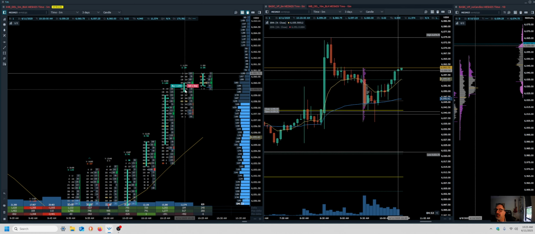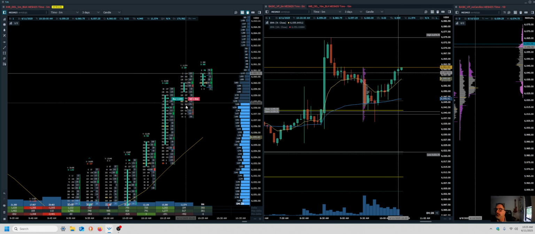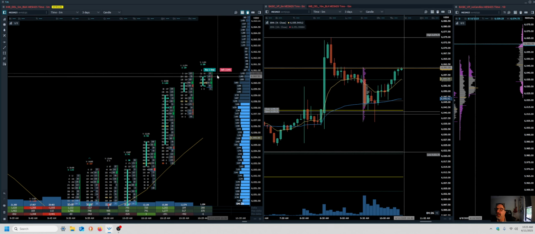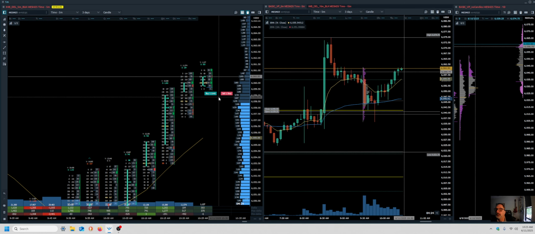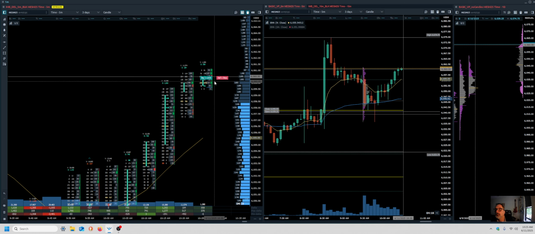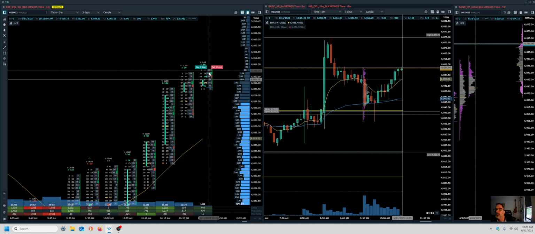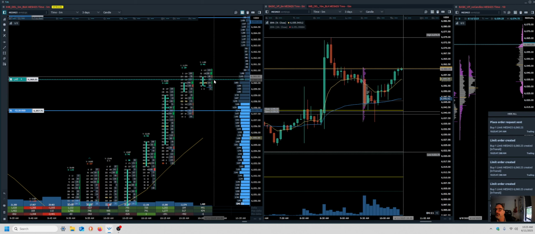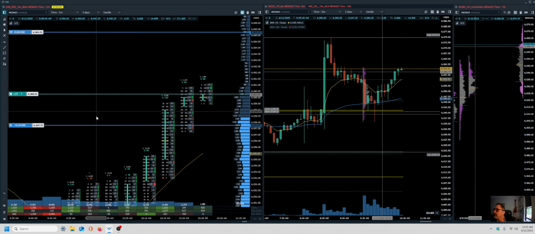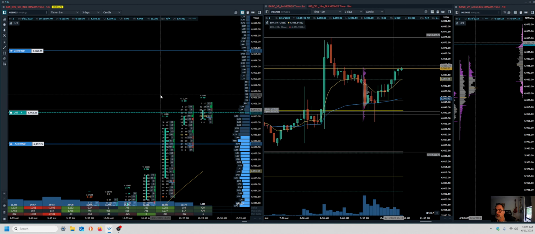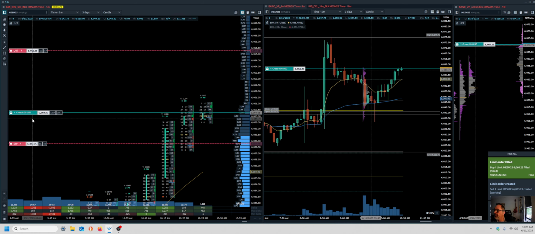Let's see if we can break above here. Just a little. This is a pretty decent candle. Not a lot of meat on the bone, but definitely more buyers than sellers. I'm not filled yet.